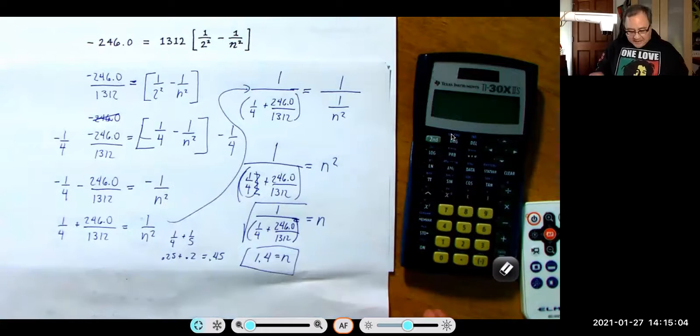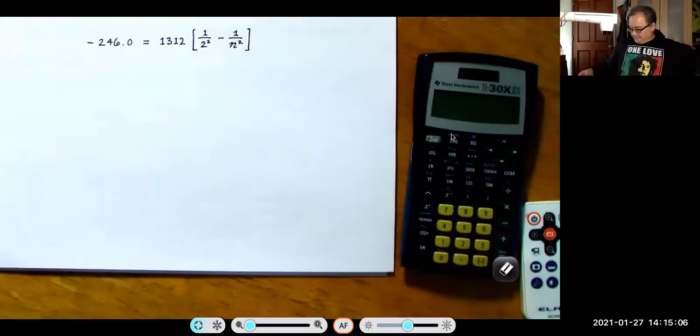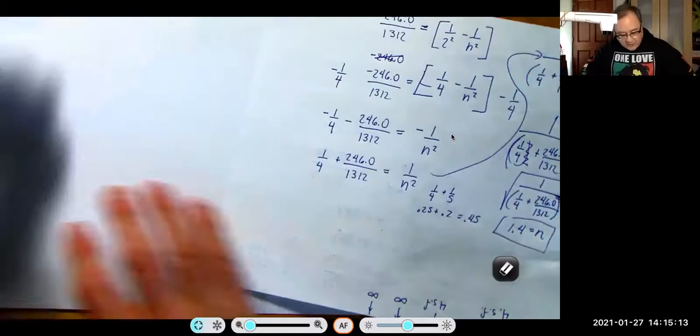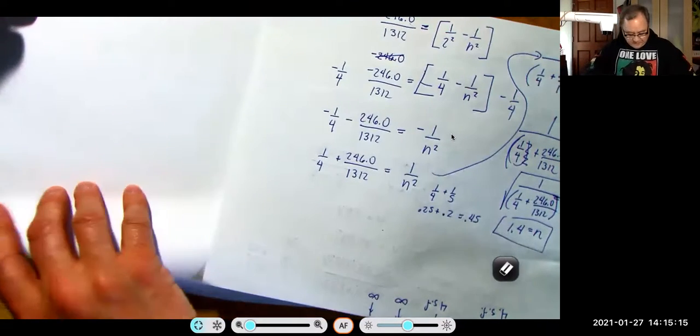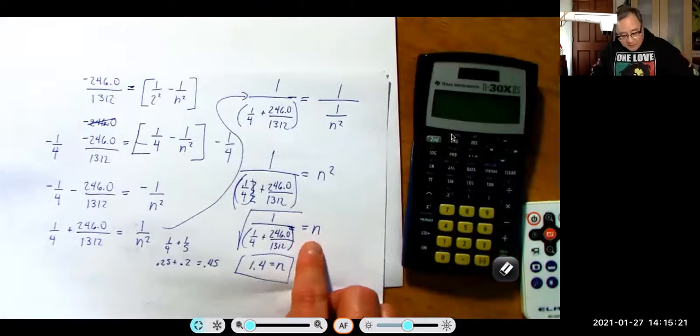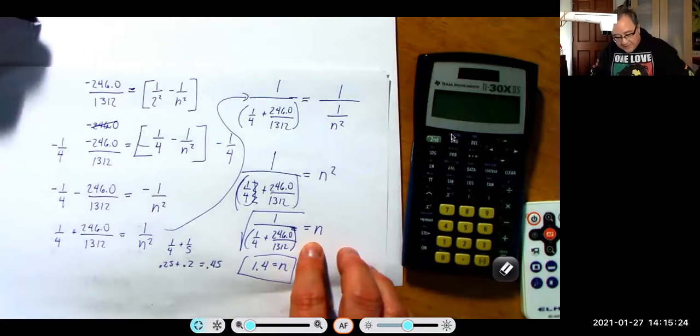So I'm going to write this down again. And we're going to figure it out with the correct number of significant figures, okay? I'm going to change things a little bit. You see how I have n on the right here? I'm going to put n on the left and everything else on the right.